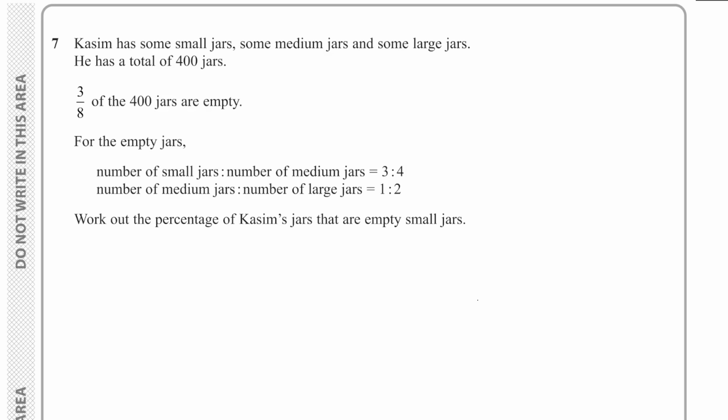So let's get 1/8 of 400. So we're splitting 400 into 8 parts. 400 divided by 8 is 50. So that's 1/8. 3/8 are 3 times 50. That's 150. So we have 150 empty jars.